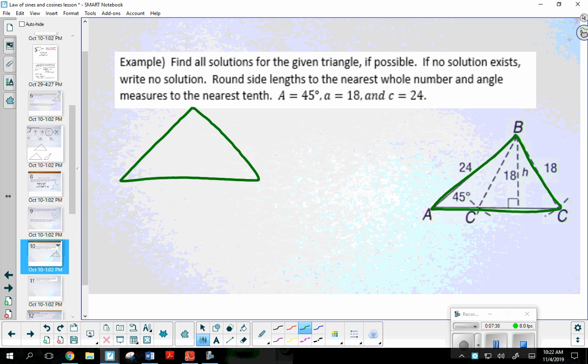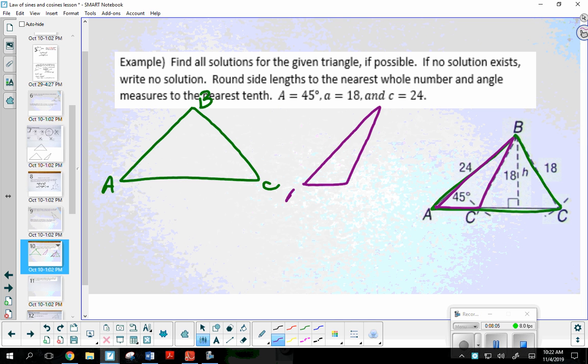So A, C, and B. Now, remember the other day we had this side A, and I talked about it a few moments ago. This side right here that's 18 was going to swing over like a pendulum and create a smaller obtuse triangle. So I'm referring to this second triangle that we're going to find right here.